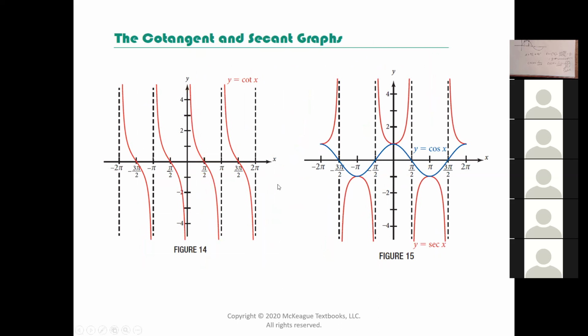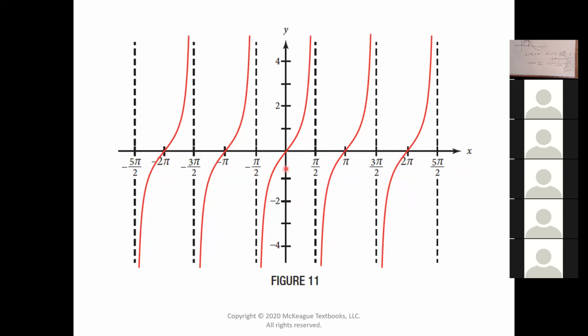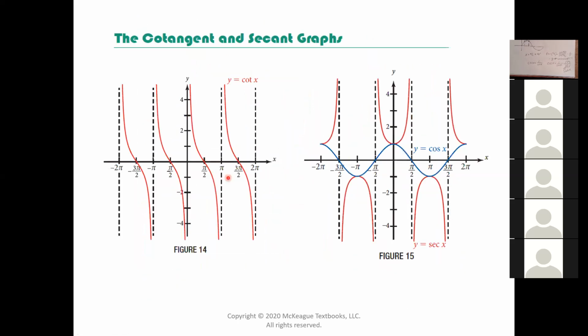Notice the values where the functions are undefined change. For the tangent function, the tangent was undefined at odd multiples of pi halves. But now the cotangent function appears to be undefined where? For what values in general, ladies and gentlemen, is the cotangent function undefined?